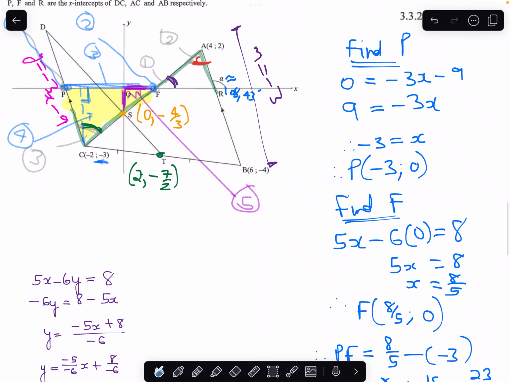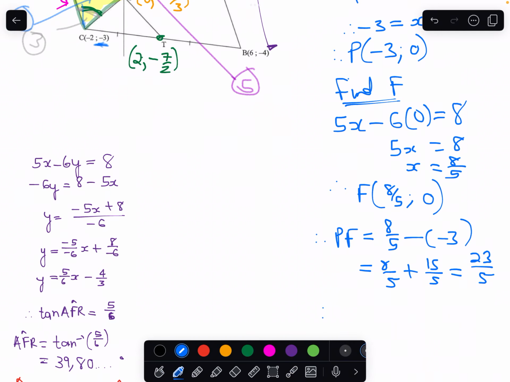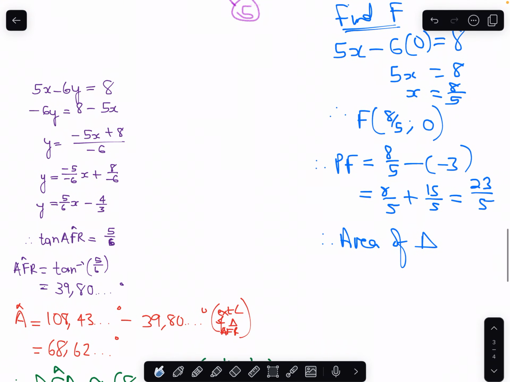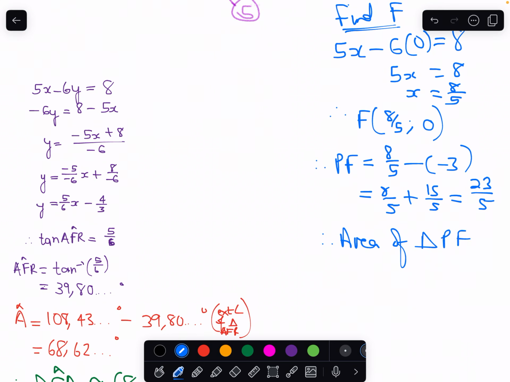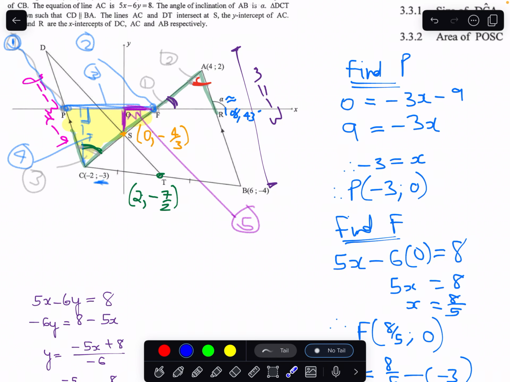So now we can work out the area of this triangle. Therefore the area of triangle PFC is equal to half the base times the perpendicular height, and that is 69 over 10 square units.